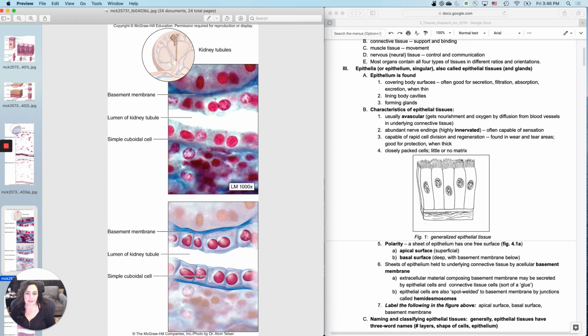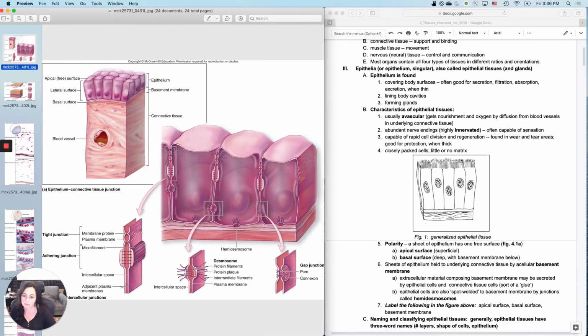Then in addition, sometimes, and you can see it here too. So here's your basement membrane right here, okay? Sometimes to keep the epithelial tissue stuck to the connective tissue, in addition to the basement membrane, imagine actually doing a spot weld from the epithelial tissue down, and that structure right there is called a hemidesmosome.